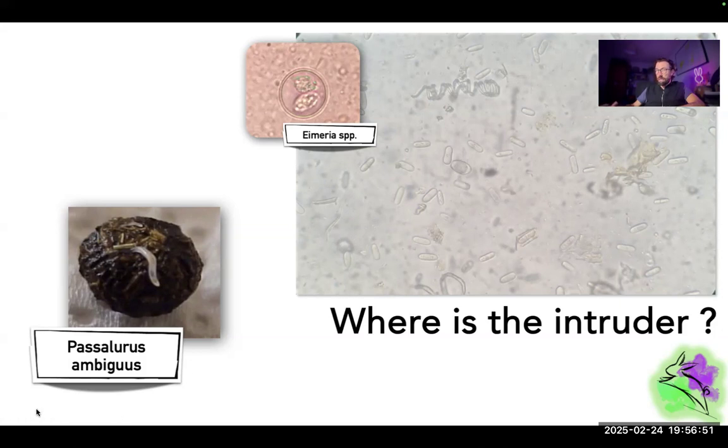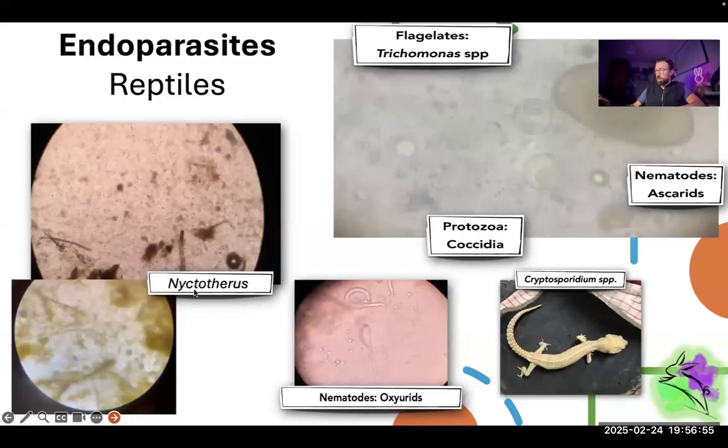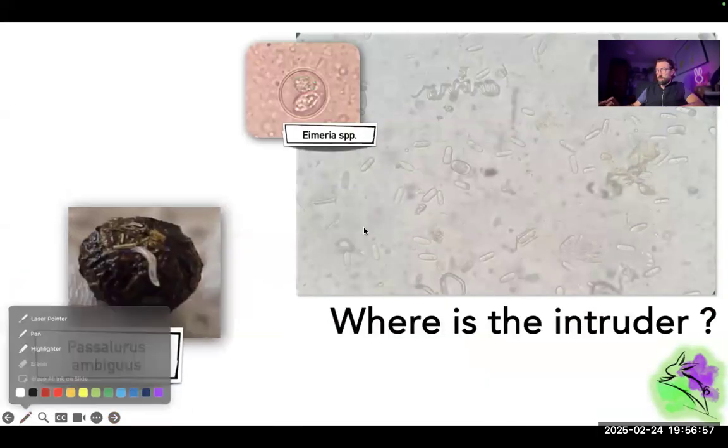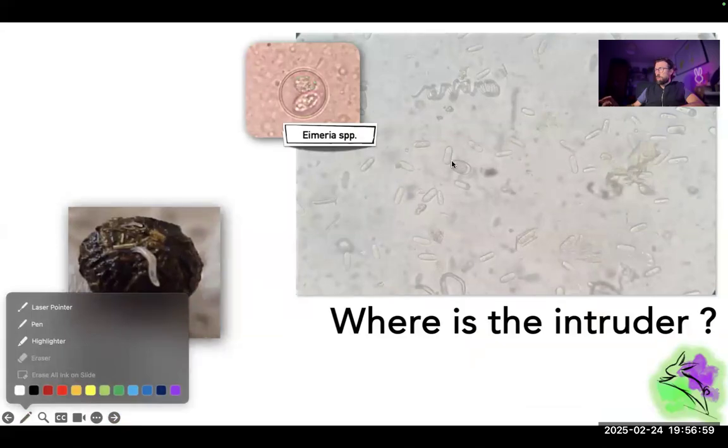Probably you can see the arrow, but it's literally the one in the middle. All the others are yeast that are part of the normal intestinal flora of the rabbit. So nothing to be concerned about, and it's something that you should always see every time.